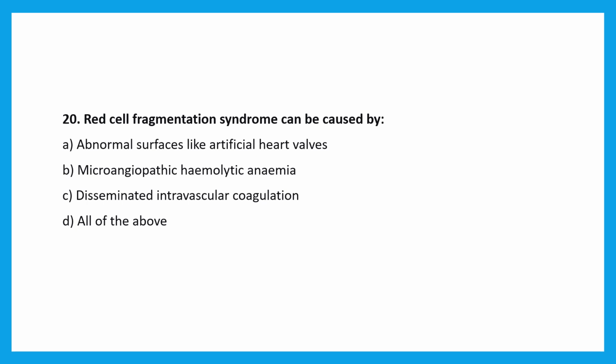And when we talk of microangiopathic, there is damage from the fibrin strands in these small vessels, and this is seen in DIC, disseminated intravascular coagulation. It is also seen in TTP, thrombotic thrombocytopenic purpura. I'm just giving examples here in case you need them.